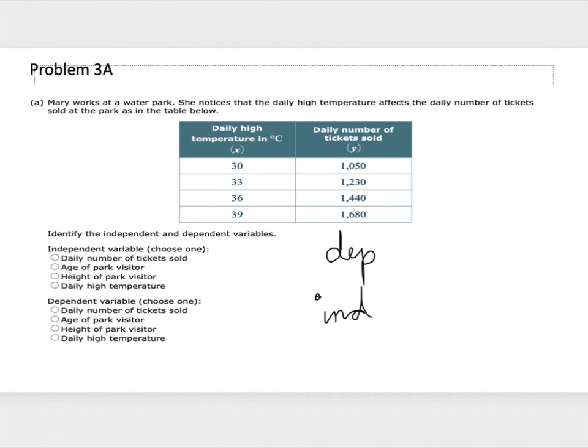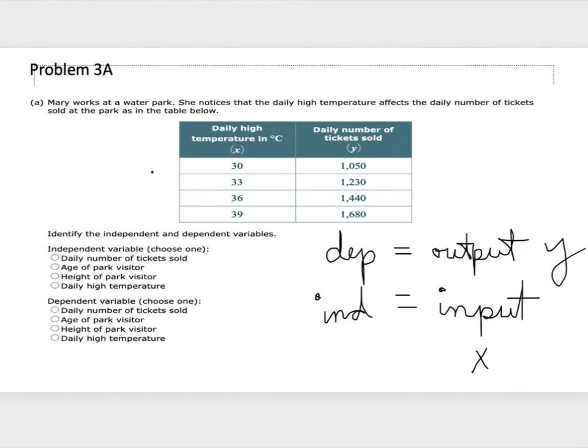Now the independent variable is your input, and we will usually name our input x. Our dependent variable is the output, and we will usually name our output y. Okay, so in this particular situation, the input is the x, so we're going to put I for input. We're going to put O for output.